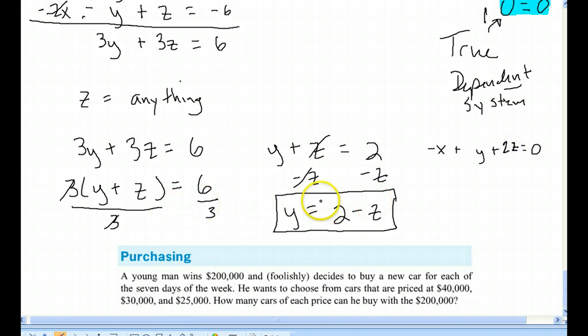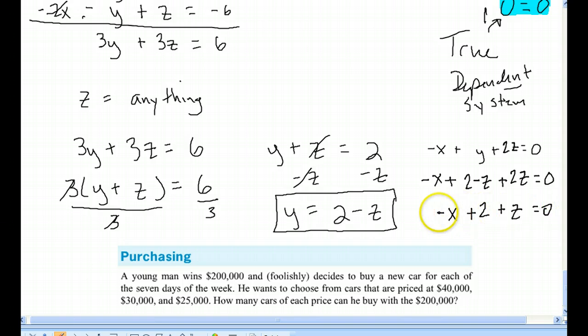Alright, z I'm going to leave how it is. y is equal to 2 minus z, so x plus 2 minus z is what I'm going to replace y with, because I'm trying to get just x and z together to see how they're related. Alright, so this minus z and this plus 2z combines to just a plus z.